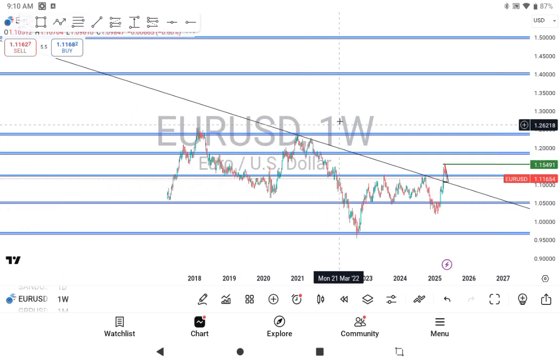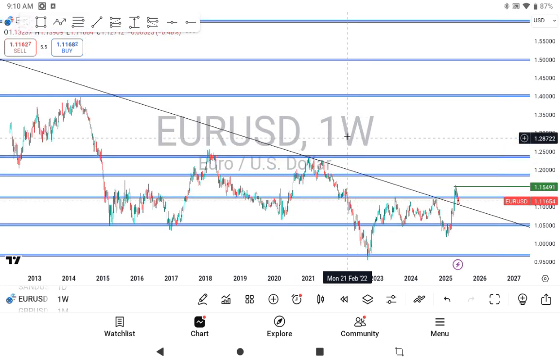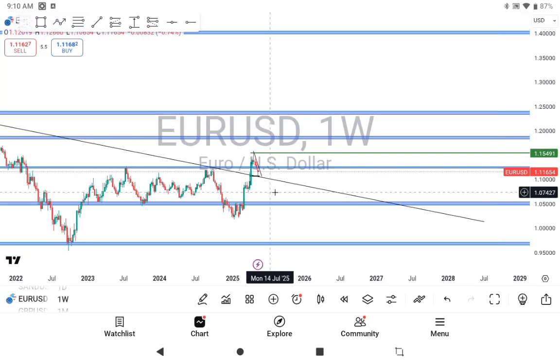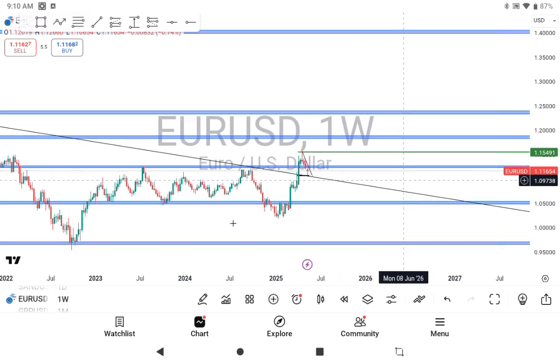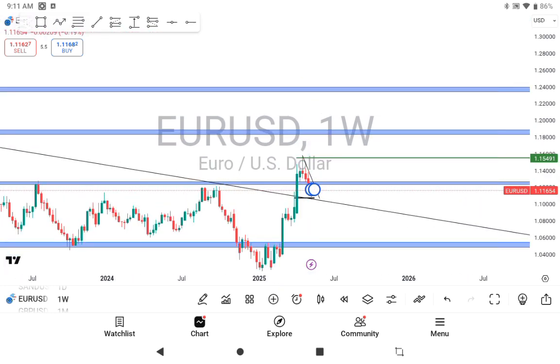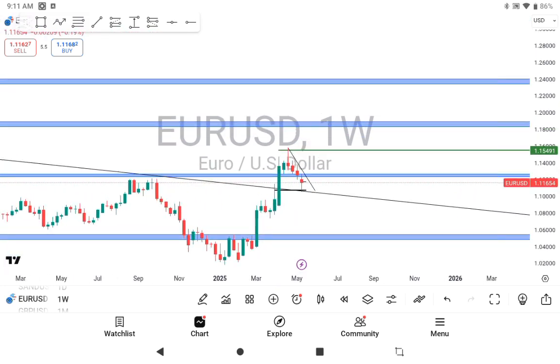Now on the weekly time frame, both the monthly and the weekly time frame are saying the same thing, and we have a breakout and a retest on the weekly time frame. It has broken out of the trend line, and price has also pulled back to test the outer part of the trend line.